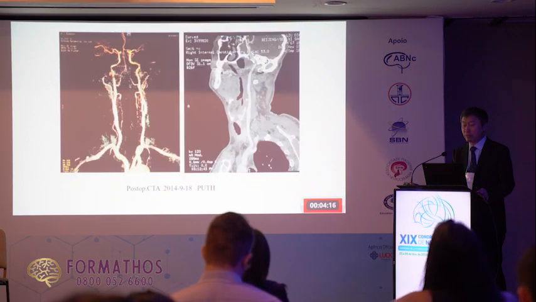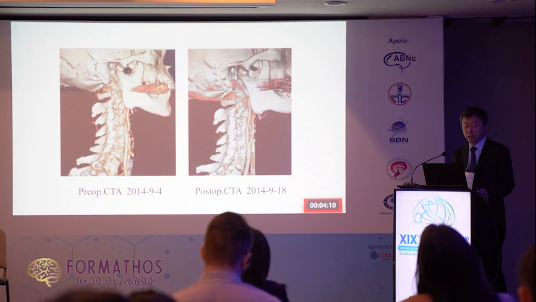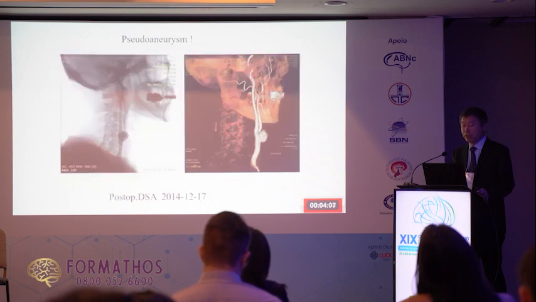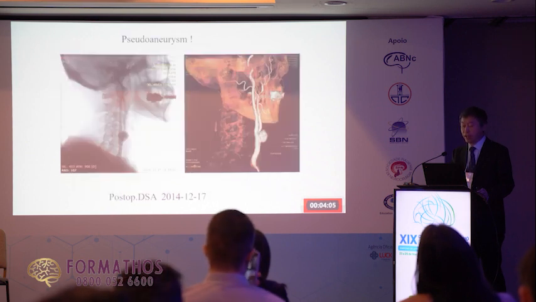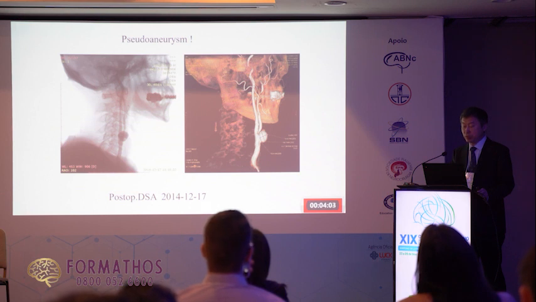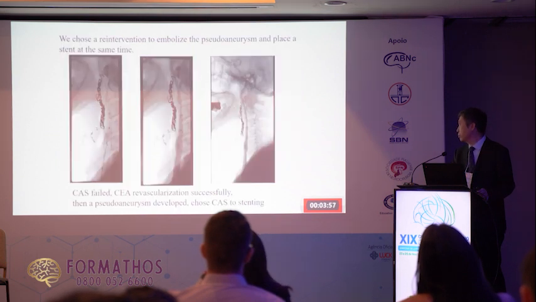The right SA blood flow was reconstructed successfully. However, 3 months later, follow-up examination revealed a saccular aneurysm at the right side of the vascular inset. So the post-operative blood vessel was the patient again.